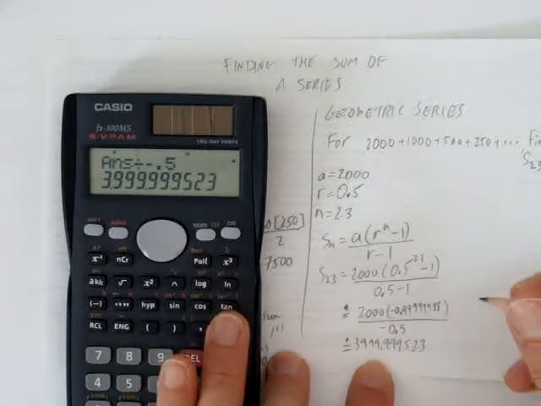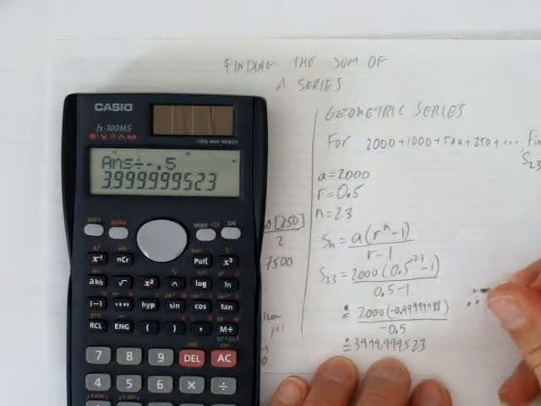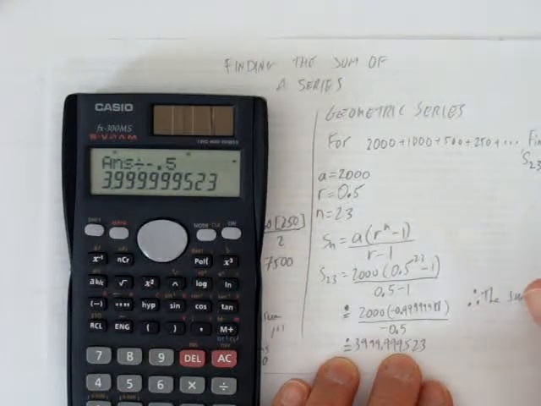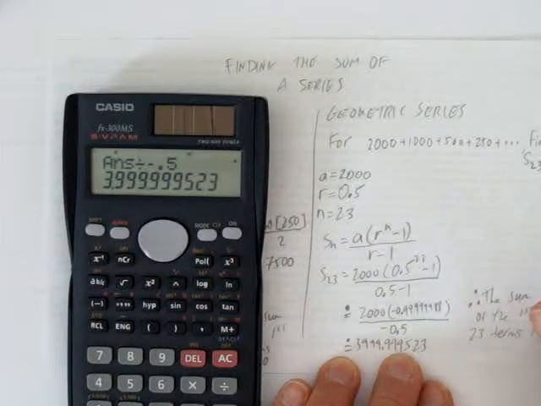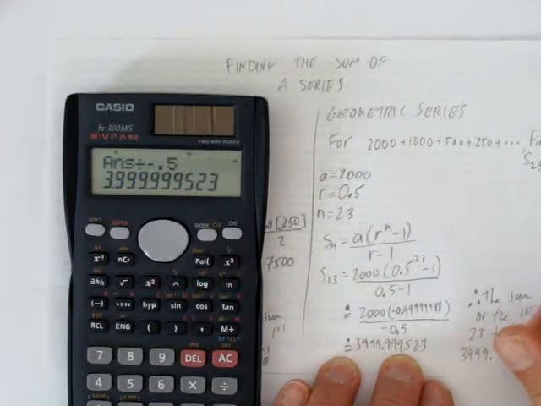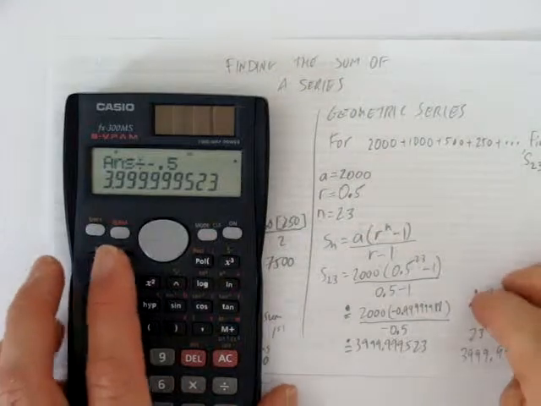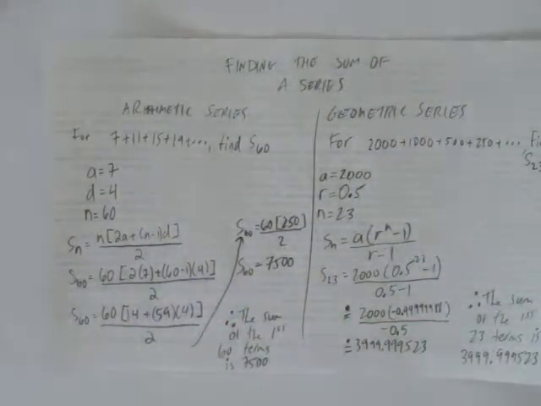And so we have here the sum of a geometric series, and we should probably put a word answer. Therefore, the sum of the first 23 terms is 3,999.9999523. So that was the sum of a geometric series, and both those examples together covered finding the sum of a series.